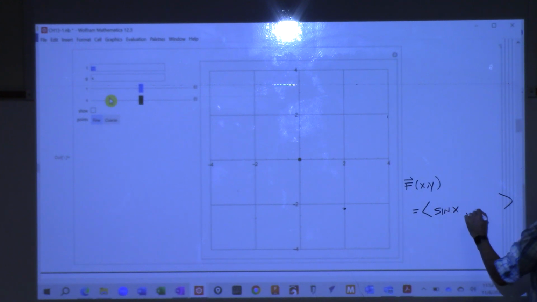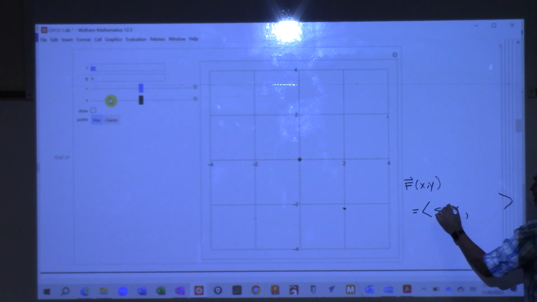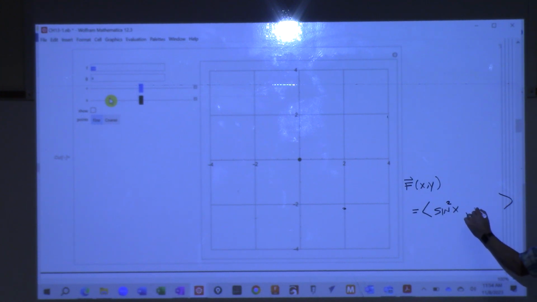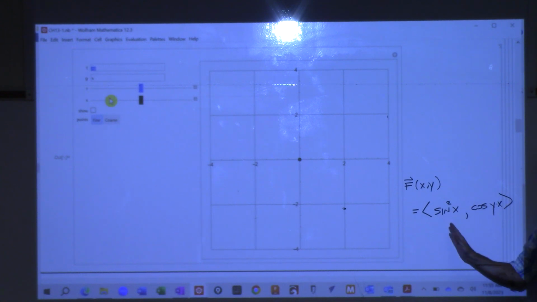And you want it squared? Let's square it. Okay, and then what do you want here? Cosine of y times x. Sure, why not? They don't have to be exclusively just x's and just y's, or vice versa. You can mix them up. It can be anything you can really come up with.